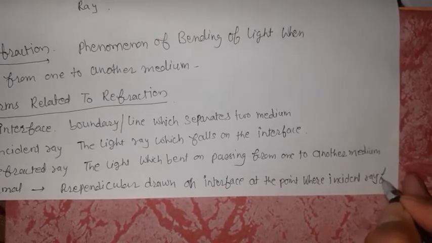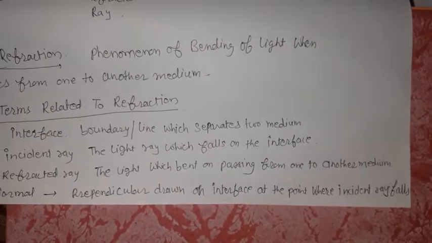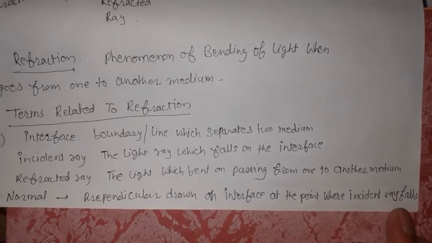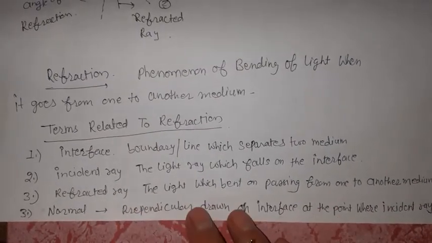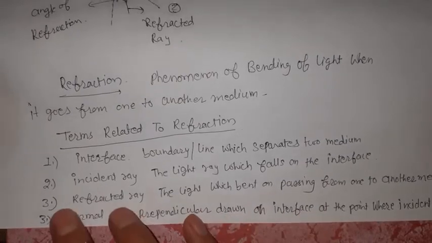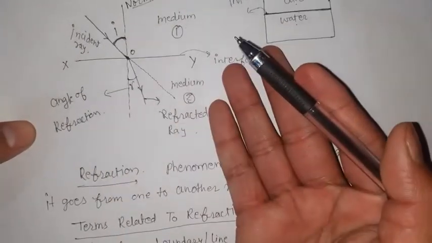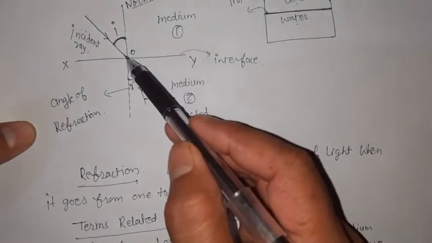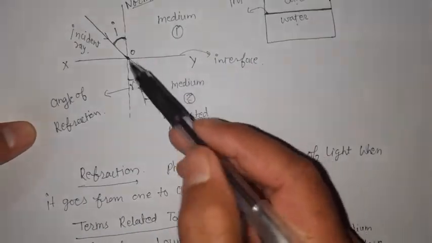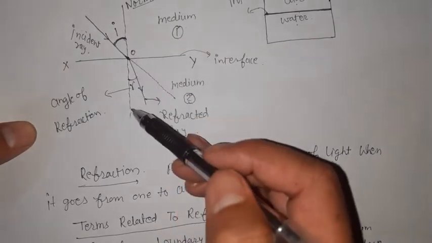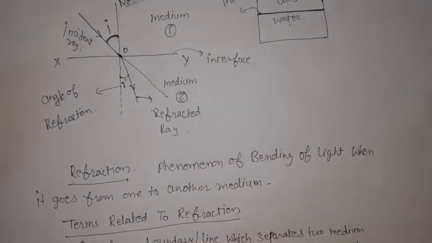Okay, so it is over here that the incident ray falls. So at that point we are going to draw a perpendicular, and this is the normal. Just to check, at that point the incident ray is going to fall, and we have drawn a perpendicular at this point, so this becomes the normal.